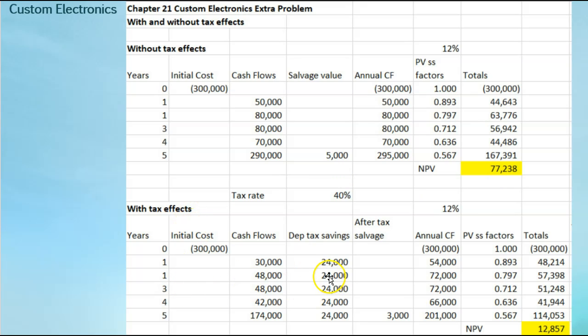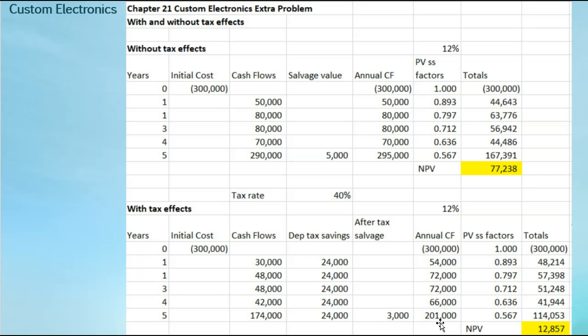In this case, now we've got depreciation tax savings. So that changes everything. That affects your annual cash flow. The depreciation tax savings can be thought of as like an inflow of cash. So you can see these numbers change quite a bit.